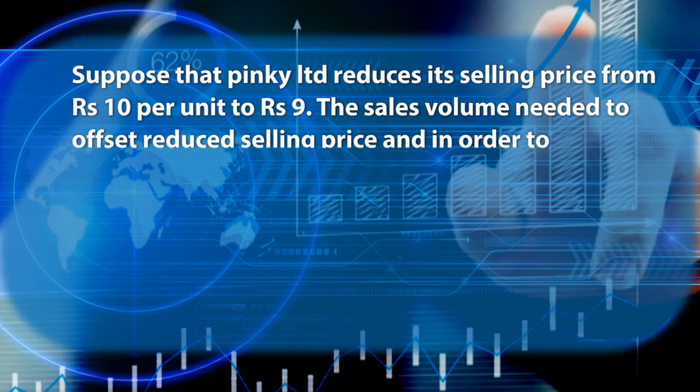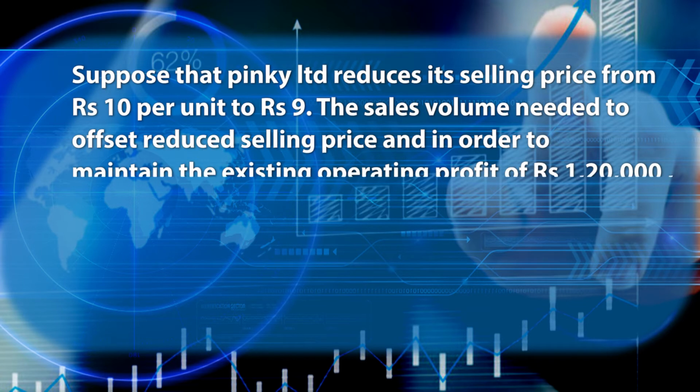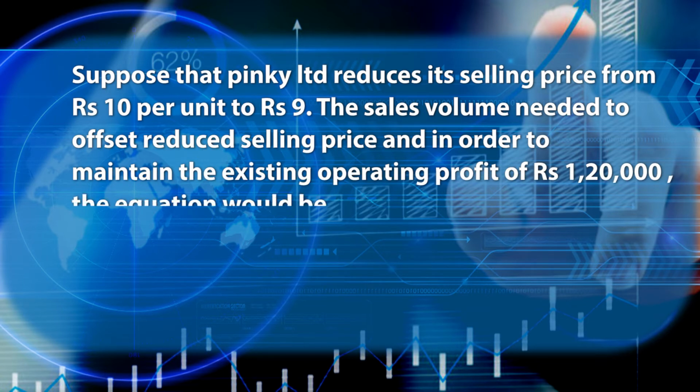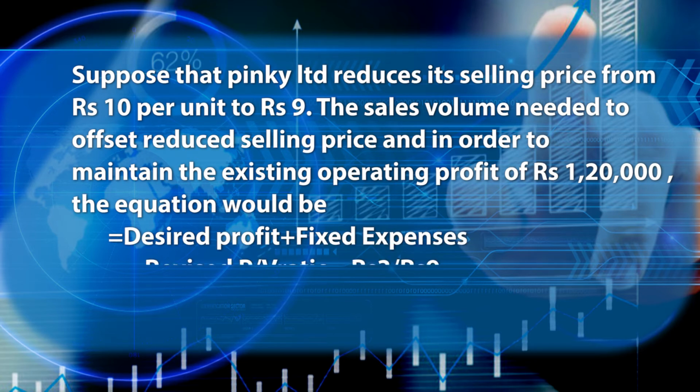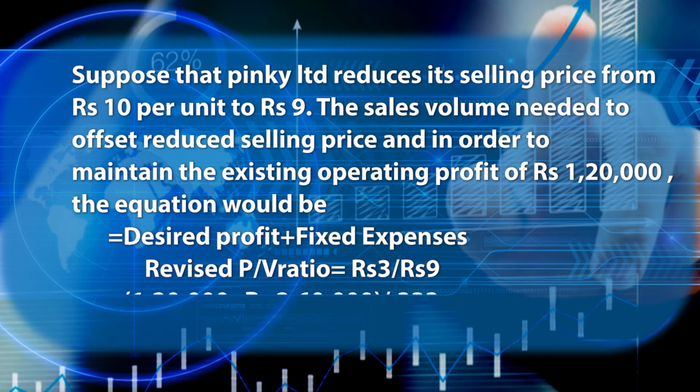The sales volume needed to offset the reduced selling price, in order to maintain the existing operating profit of rupees 1,20,000, the equation would be desired profit plus fixed expenses divided by revised PV ratio, which would be equal to rupees 3 divided by rupees 9.